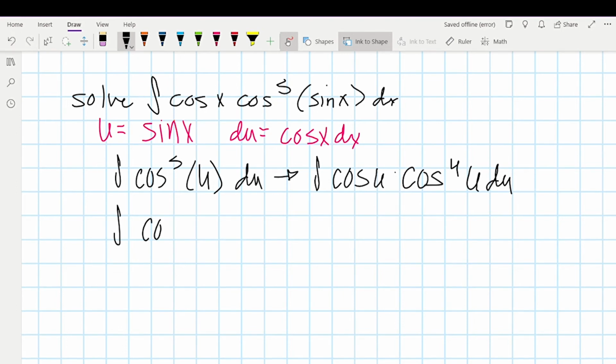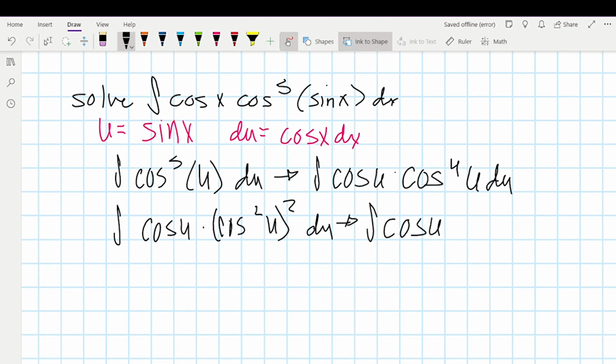So the first one we can keep the same as cosine u, and then we're going to rewrite the second one as cosine squared u squared du, which can turn into the integral of cosine u times 1 minus sine u squared du.